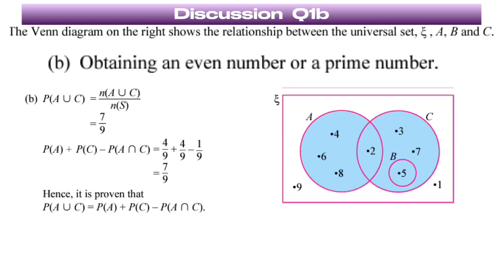Probability of event A plus probability of event C minus probability of event A intersect with C is equal to 4 over 9 plus 4 over 9 minus 1 over 9. So the answer is equal to 7 over 9. So hence, it is proven that the probability of event A or C is equal to probability of event A plus probability of event C minus probability of event A intersect with C.